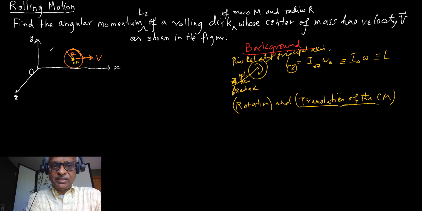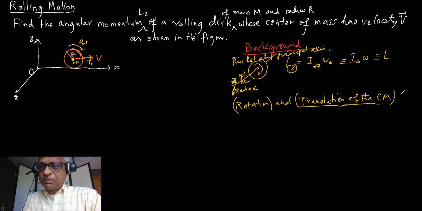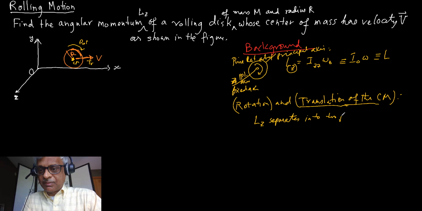The CM is translating, and this thing is also going around. It's rotating and translating. We'll call this rotation, and we'll call this translation motion. When you have something like this, then you can prove that Lz separates into two parts.